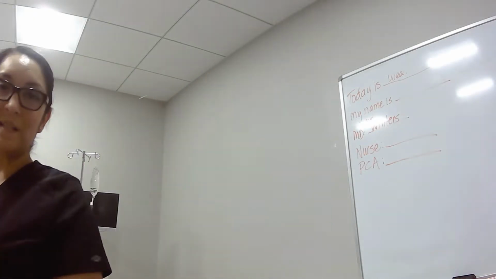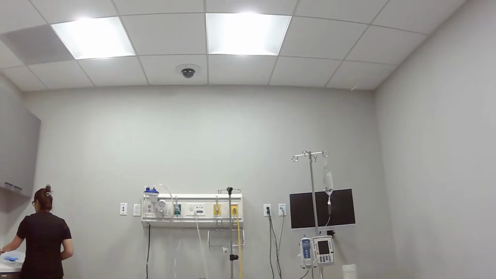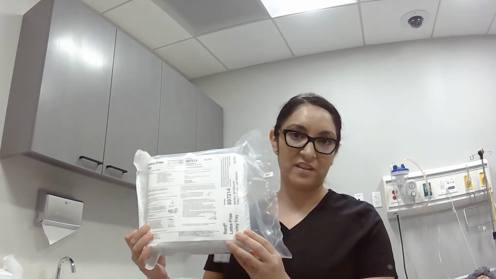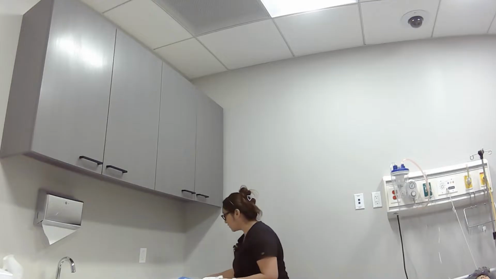So I'm going to get my supplies from my supplier. So we're going to have our Foley kit. Each Foley kit depends on where you work. Each Foley kit's going to have different supplies, but this kit's going to have pretty much everything that we need. We're going to get some bath wipes.